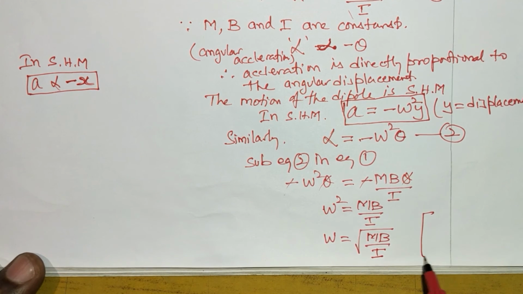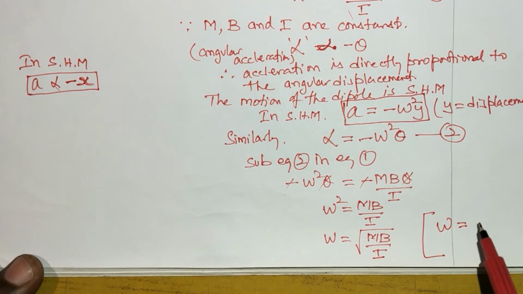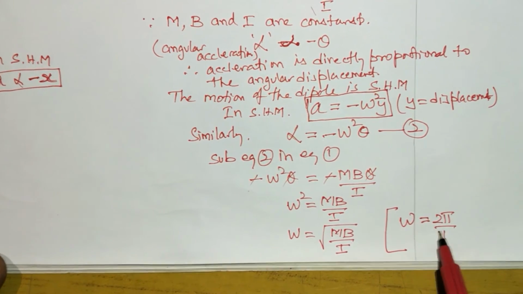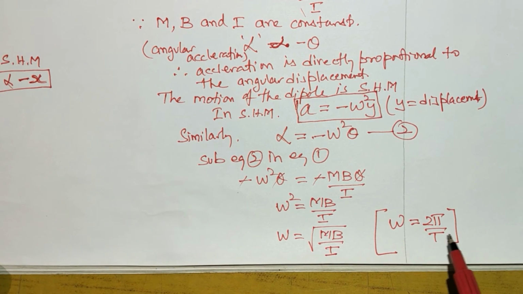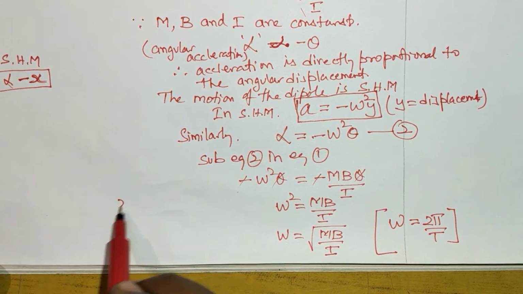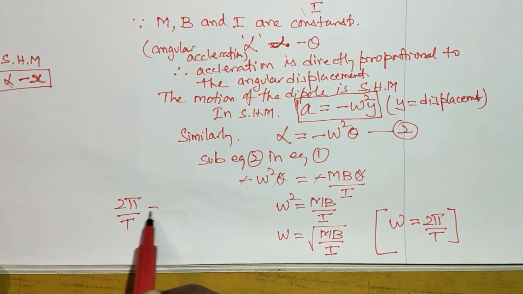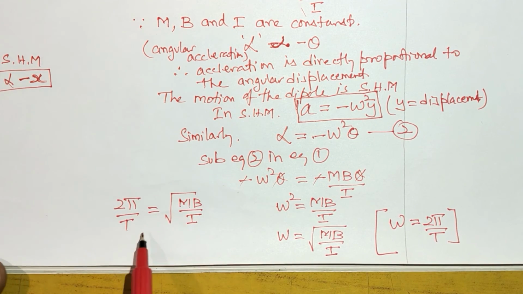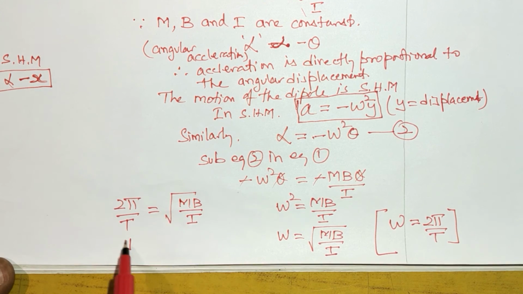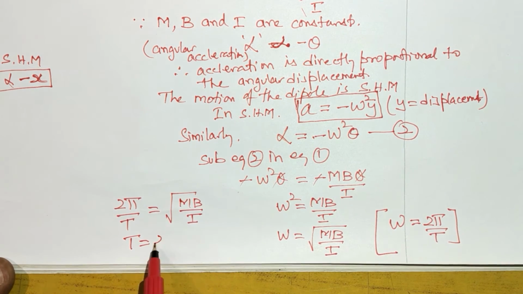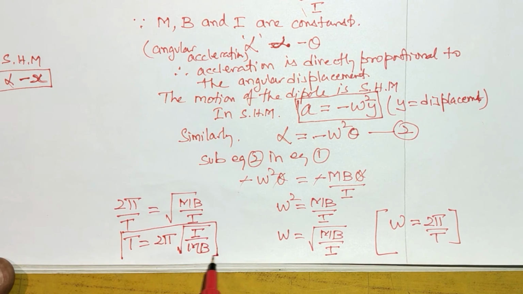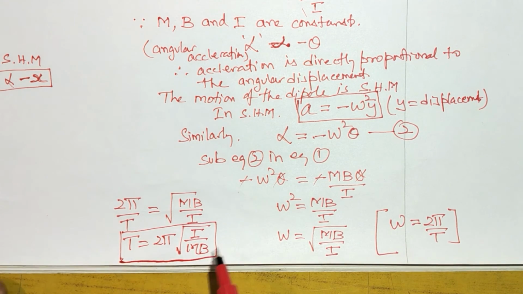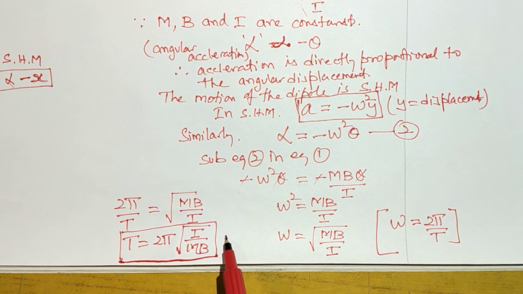So, we know that omega is equal to how much? 2 pi by T. So, I will replace this omega by 2 pi by T, which is equal to square root of M into B by I. So, to get the time period formula, I will get time period is equal to 2 pi square root of I by M into B. So, this is the formula to measure the time period of a magnetic dipole placed in a uniform magnetic field.